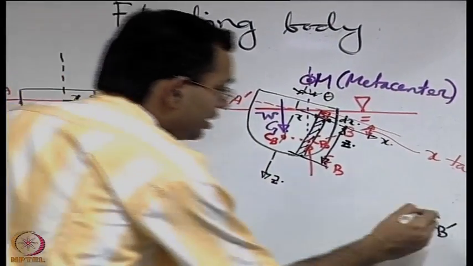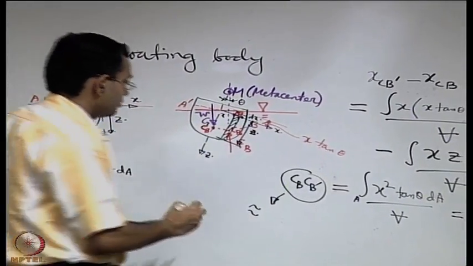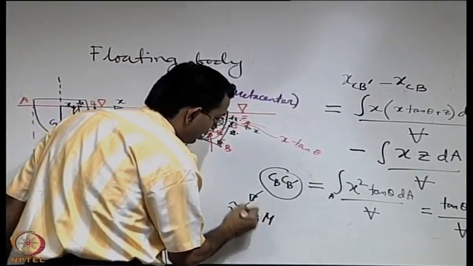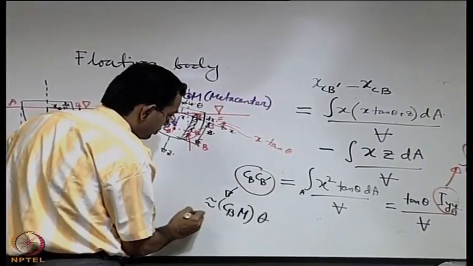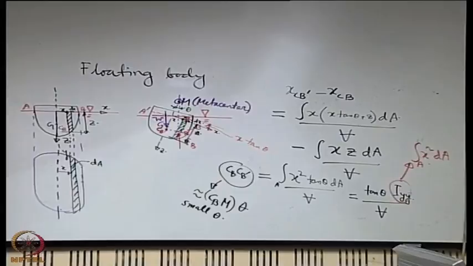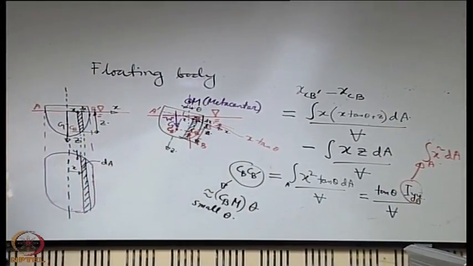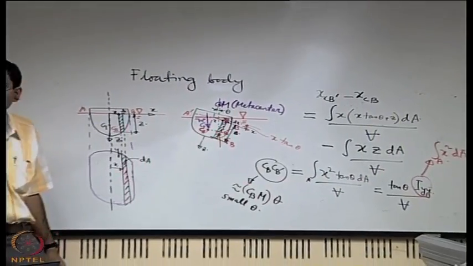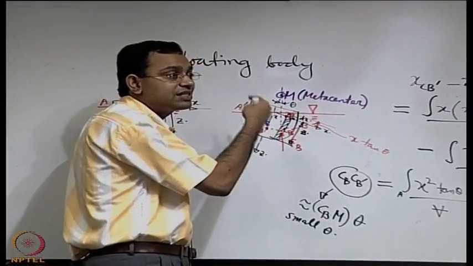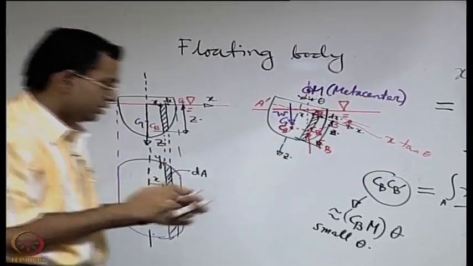So you can write this as approximately CB M into theta for small theta. It is just like S equal to r theta for a small part of an arc of a circle. Because this is very small, we are assuming a small displacement; we test stability not with a large displacement but with a small displacement.